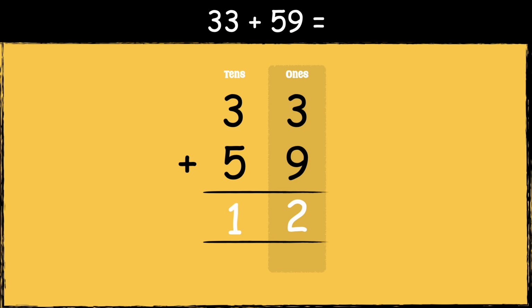We carry the 10 below in the tens column. Now we need to add the digits in the tens column. So 3 add 5 add 1 equals 9. So the answer is 92.